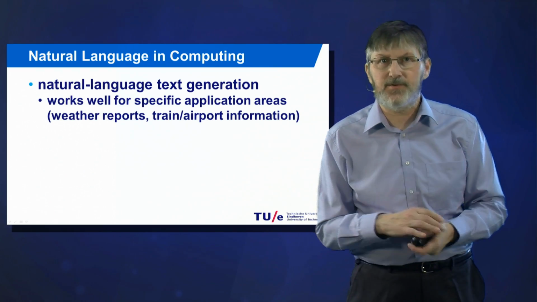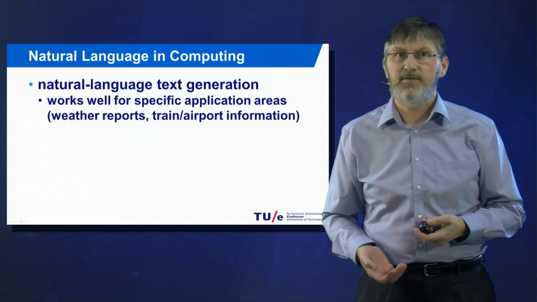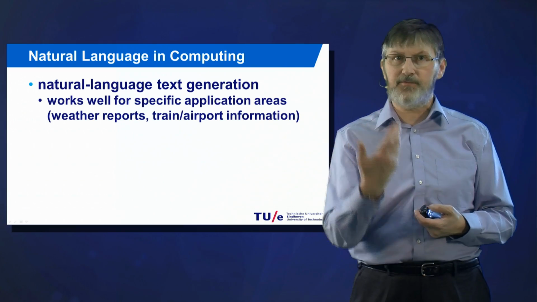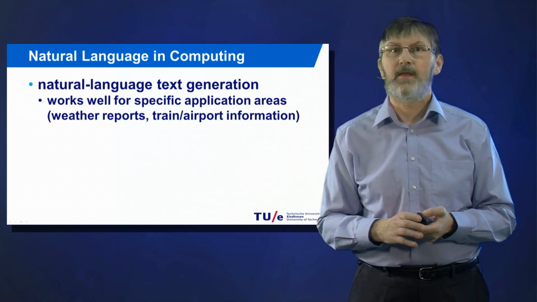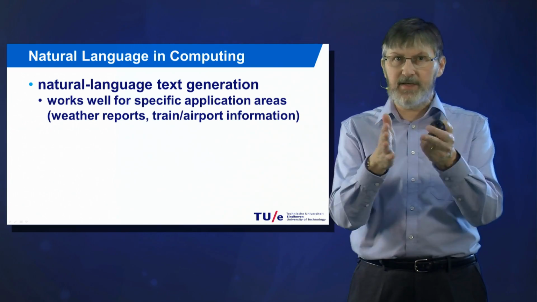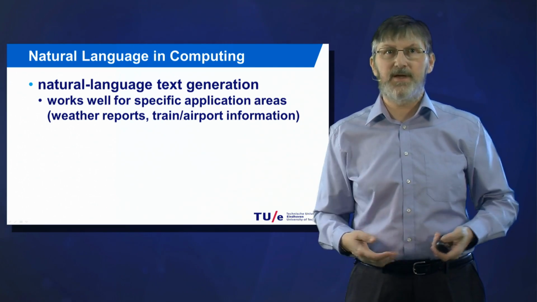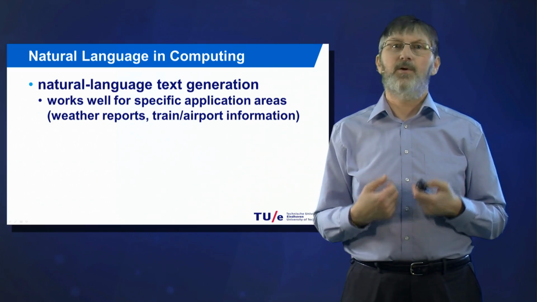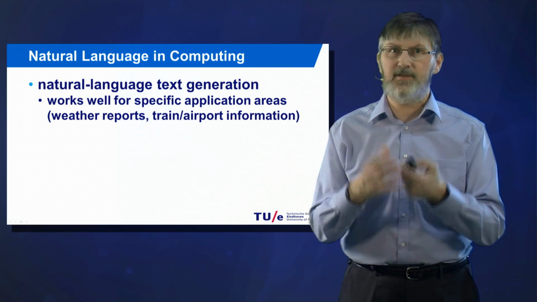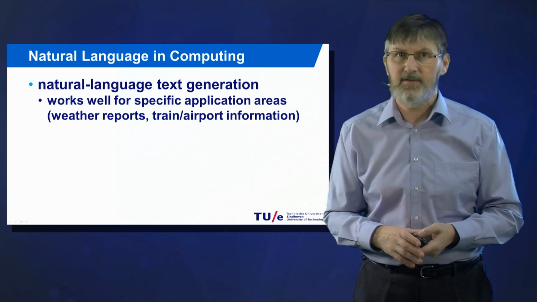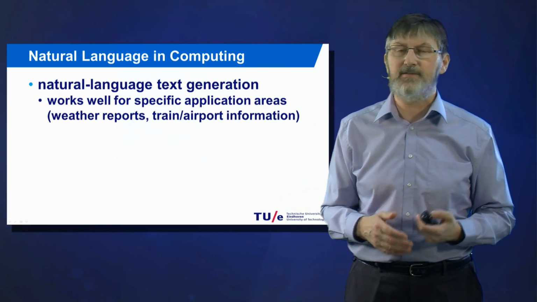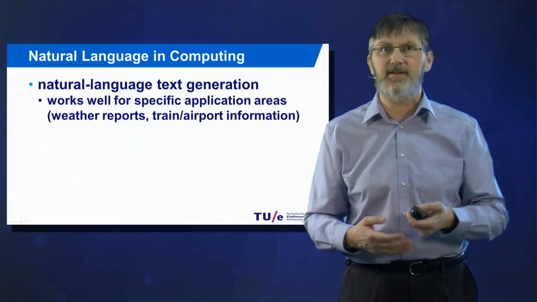Natural language is also used to generate text, to give us feedback from the computer. This works well also again in specific application areas. A computer-generated weather report, or information we get at a train station or an airport about the arrival or departure of flights and possible delays and gate announcements.